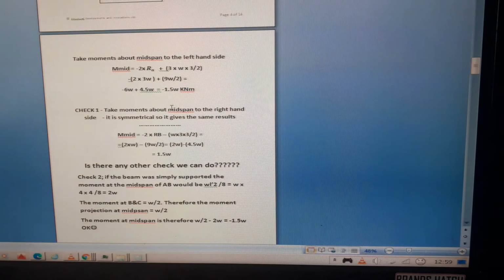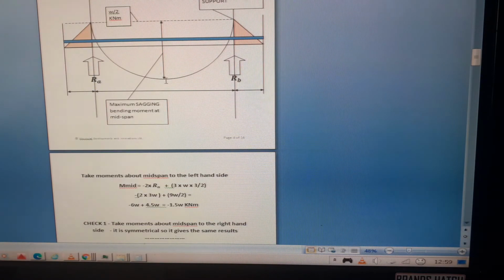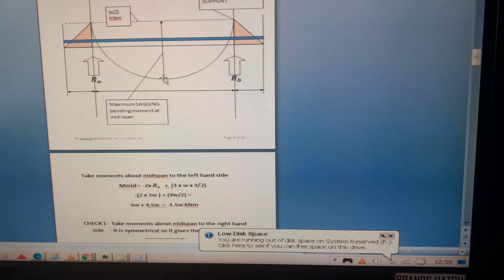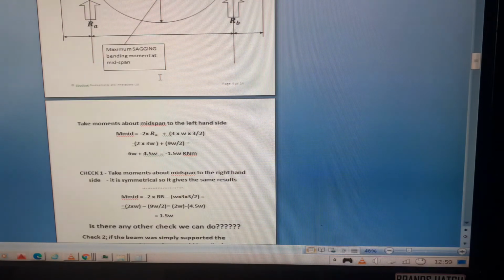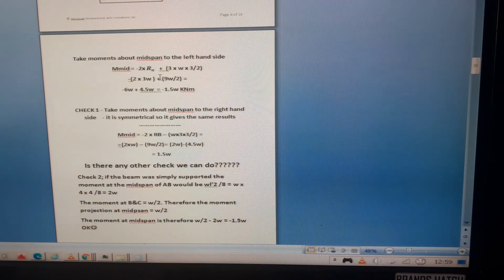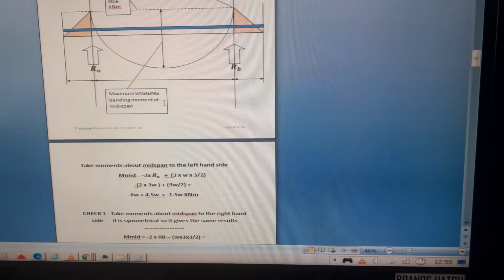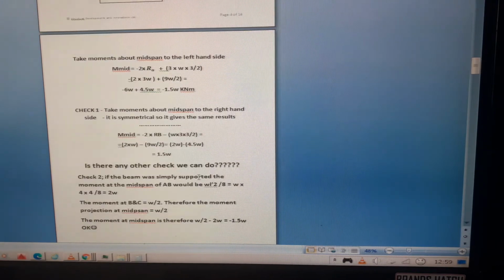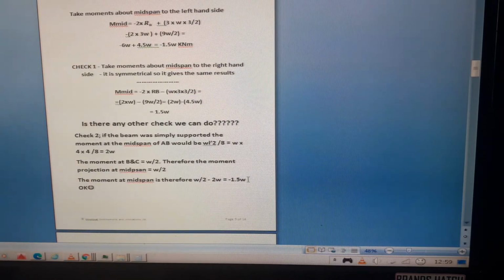So if we did W over 2 and then we add the maximum moment for the simply supported case, which is WL squared over 8, which we just worked out was 2W, then we'd have the moment would be W over 2 and then 2W down, and that would give us minus 1.5W.